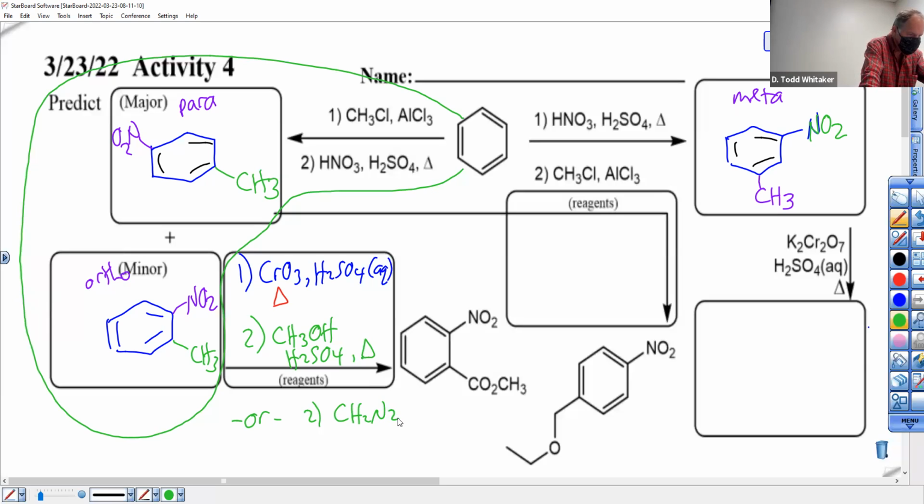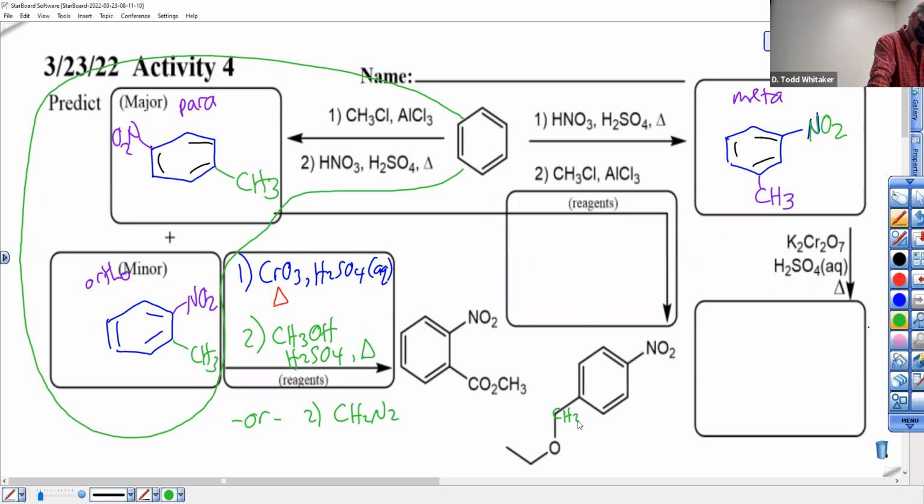Okay, we've got that. How do you convert this thing to this thing? I'd like to point out this green CH3 is this green carbon here, and it's benzylic. That's a benzylic position.